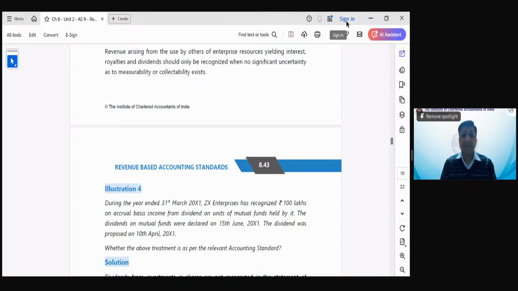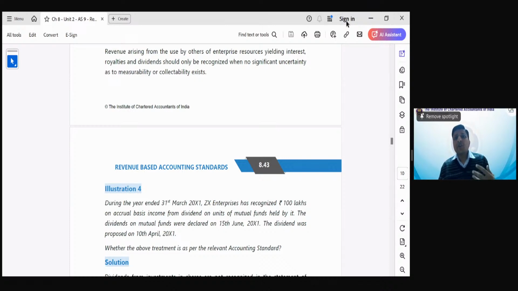Now the question is, if 31st March is incorrect, when should this be recognized? Many of you mentioned 10th April, many mentioned 15th of June. Please remember, when the dividend is just proposed, it's not approved by the shareholders.